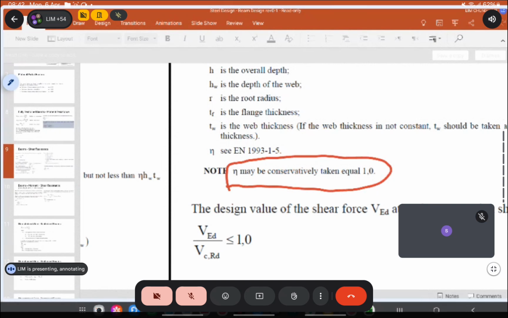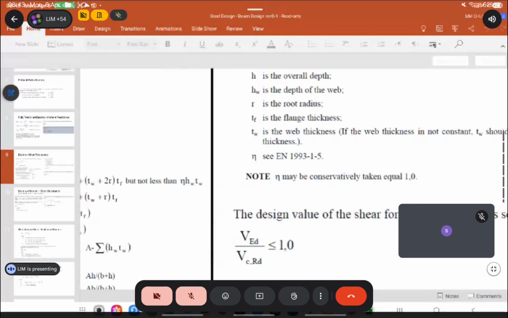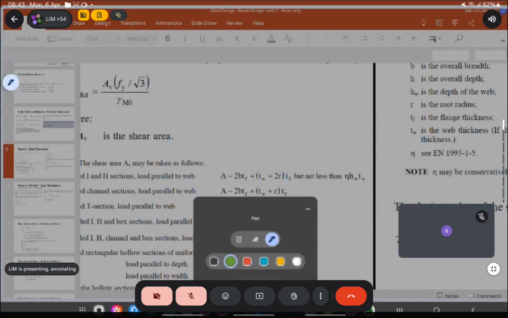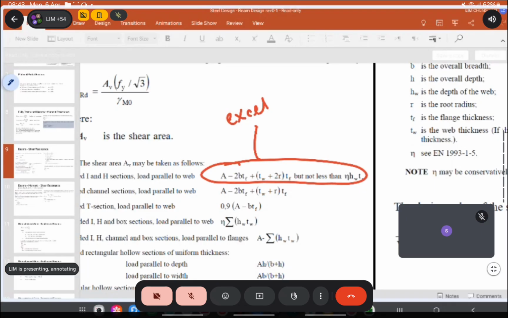So N here, you take as 1. In that case, to calculate AV, everything you need from the Excel section table, everything is there. You just need to follow the formula.